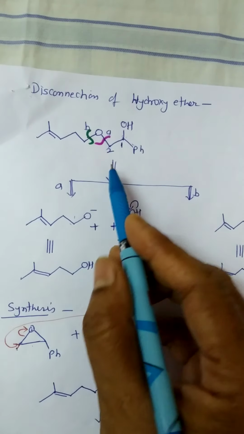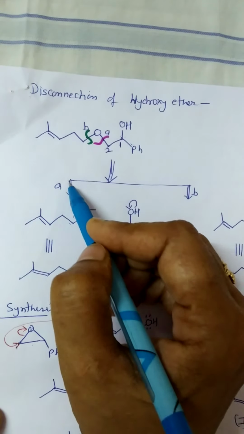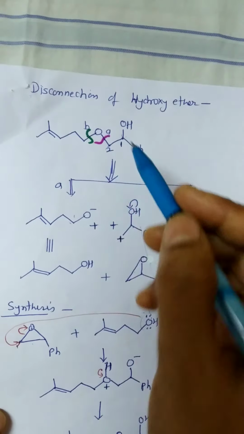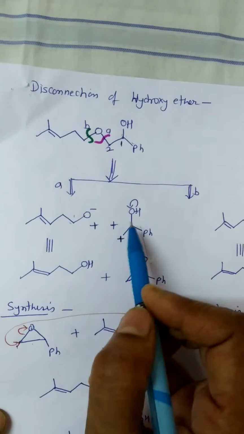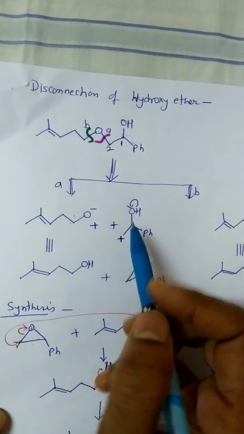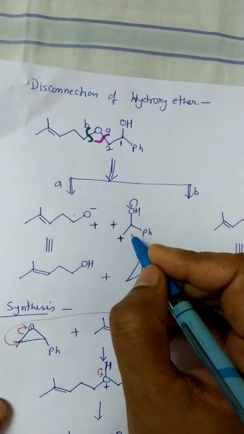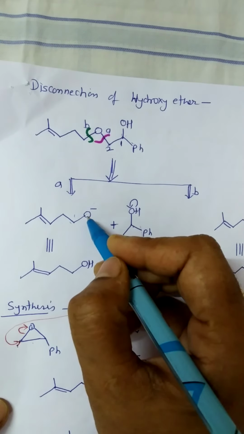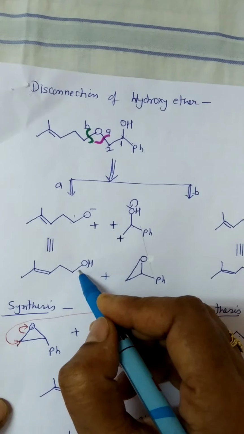Now when disconnection A is carried out, which is the 1, 2 disconnection, we obtain these two synthons. Here by adding a proton to this synthon, we get the synthetic equivalent.